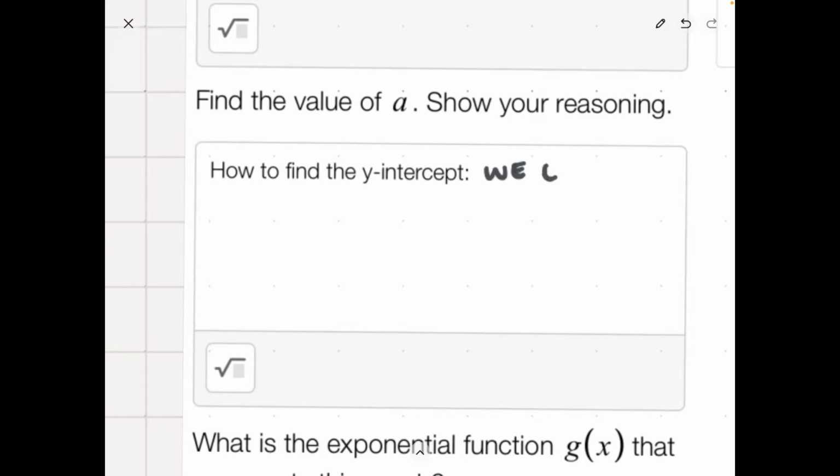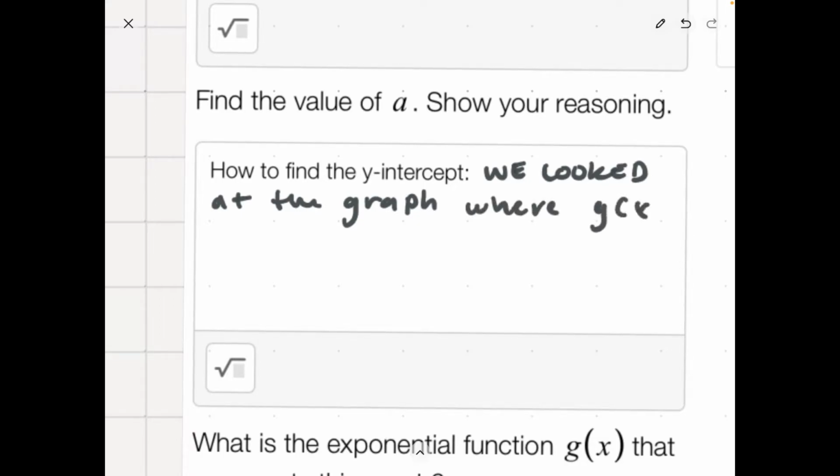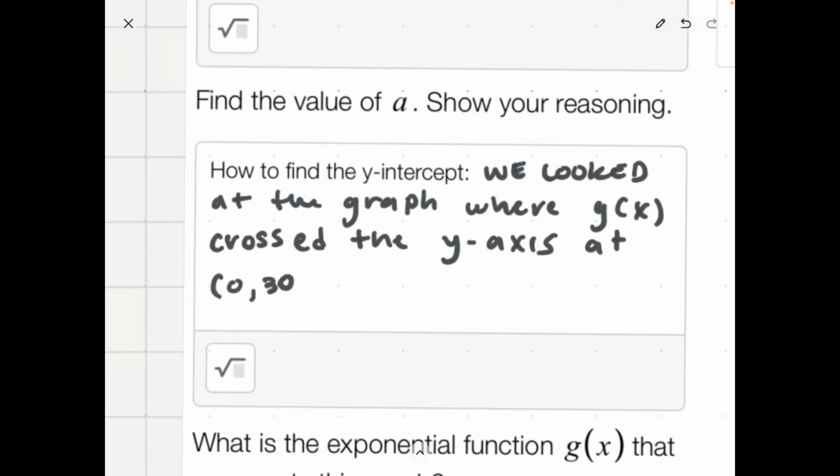We looked where g of x crosses the y-axis at 0, 300. So a is equal to 300.